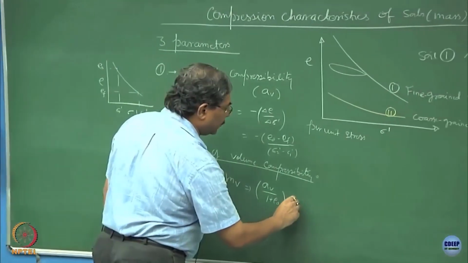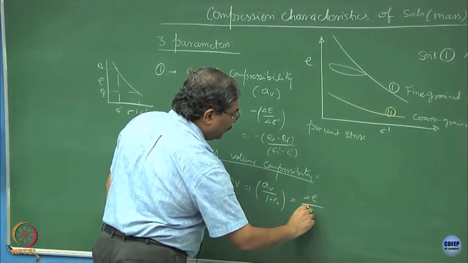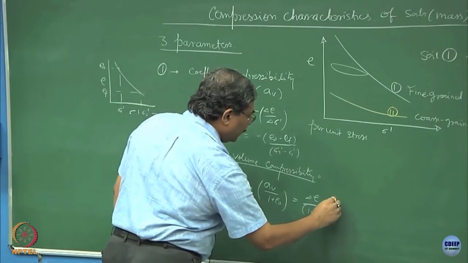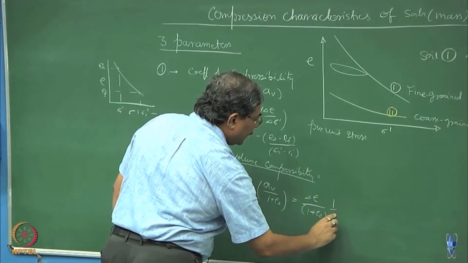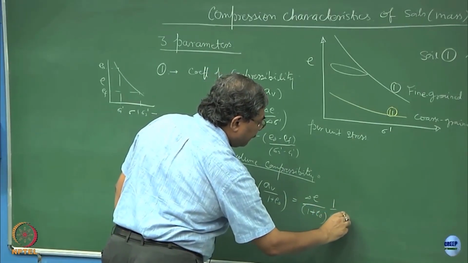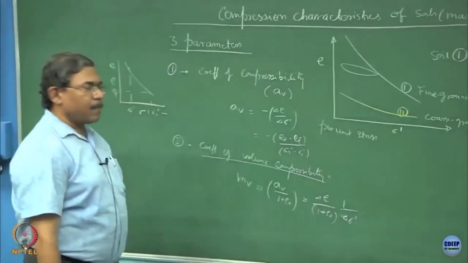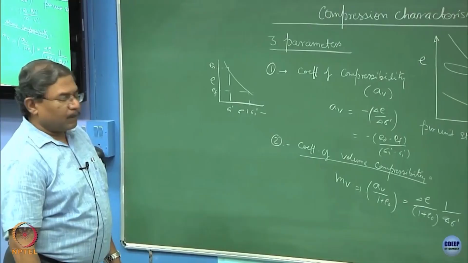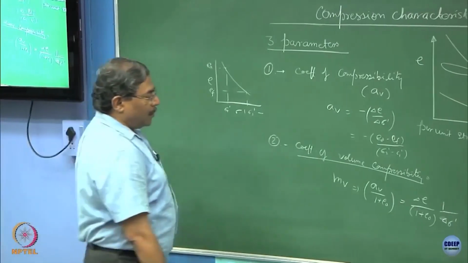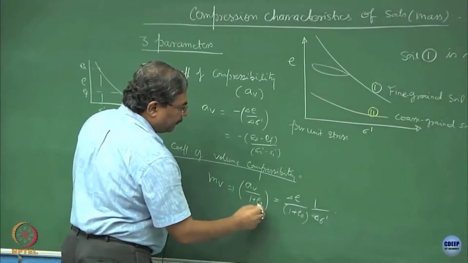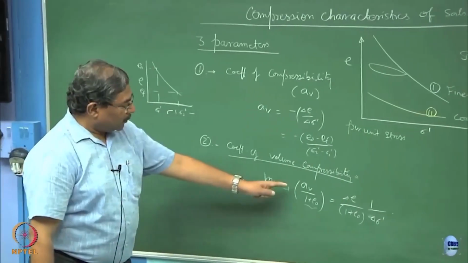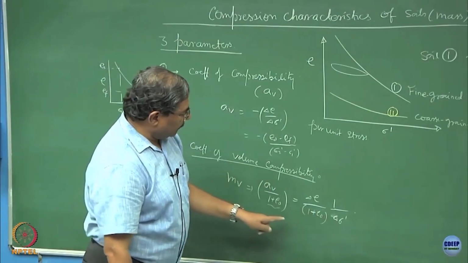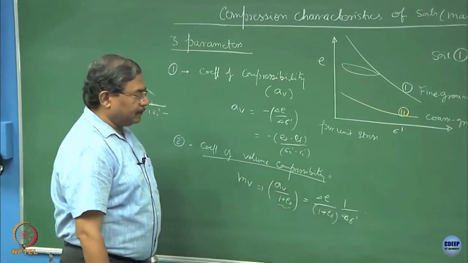So, this is equal to delta e over 1 plus e naught into 1 upon delta sigma prime. Okay. 1 upon e naught is the specific volume. So, av upon 1 plus e naught, av is delta e upon delta sigma prime, divided by 1 plus e naught.